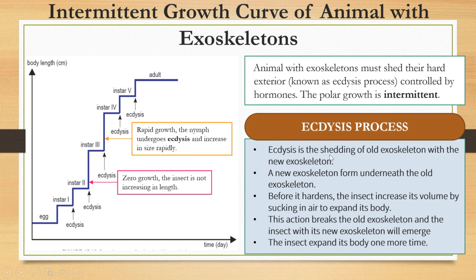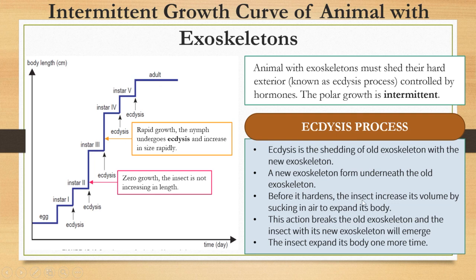What is ecdysis? It is the shedding of the old exoskeleton and replacing it with a new exoskeleton. A new exoskeleton forms underneath the old exoskeleton. Before it hardens, the insect increases its volume by sucking in air to expand its body.